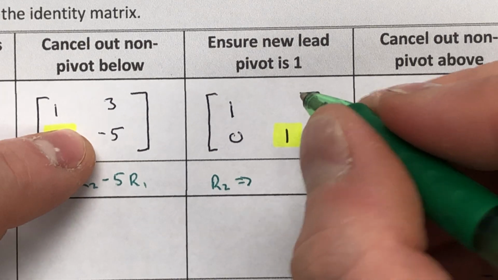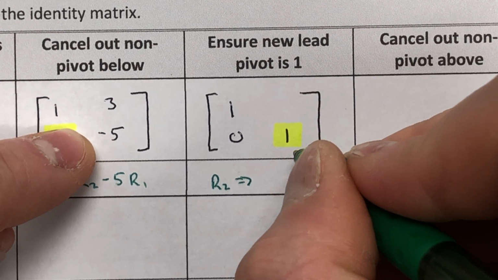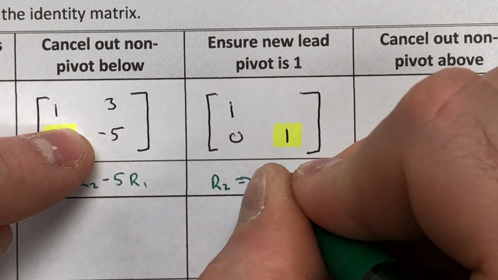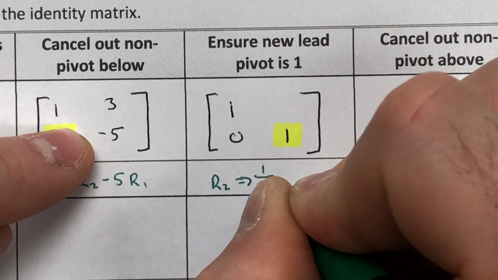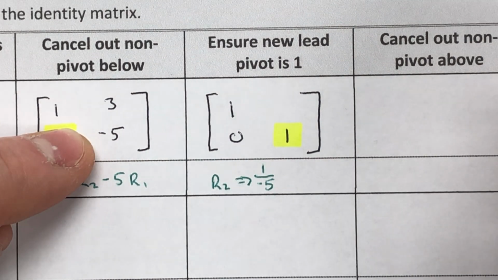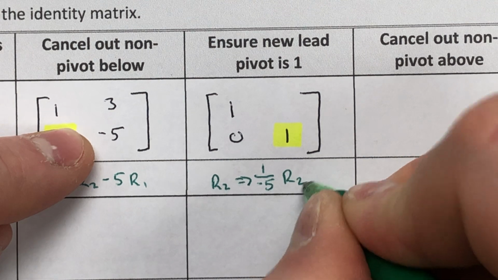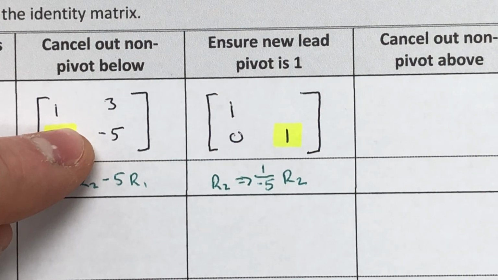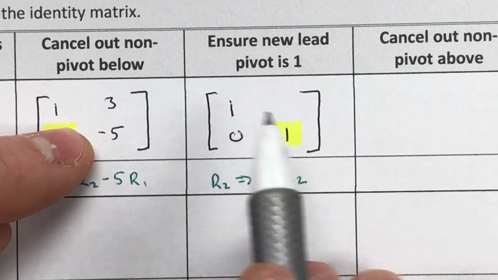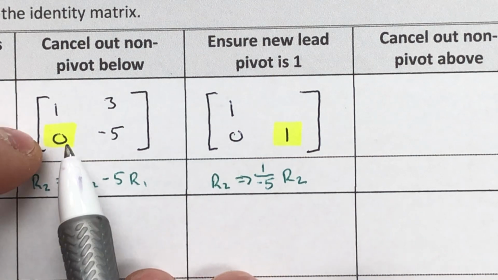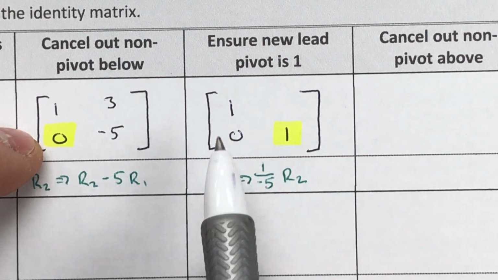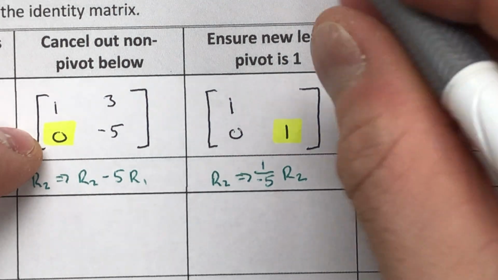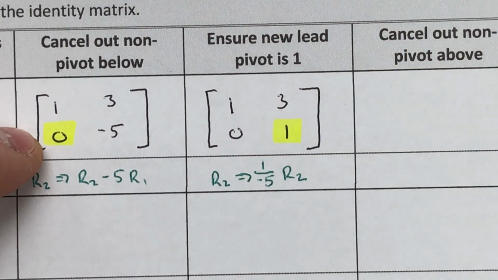To get negative 5 to be a 1, I'm going to divide it by itself, which means I'm going to multiply by 1 over negative 5. Multiply by the reciprocal. The good part about this is it doesn't undo our work in the previous step. If I take 0 and multiply it by negative 1/5, I still have 0. It doesn't undo the hard work that we did.